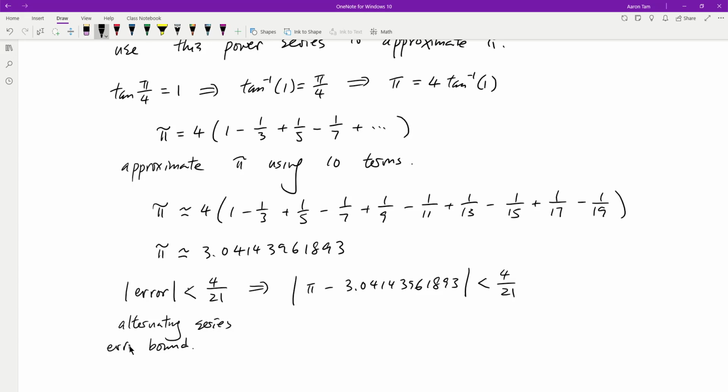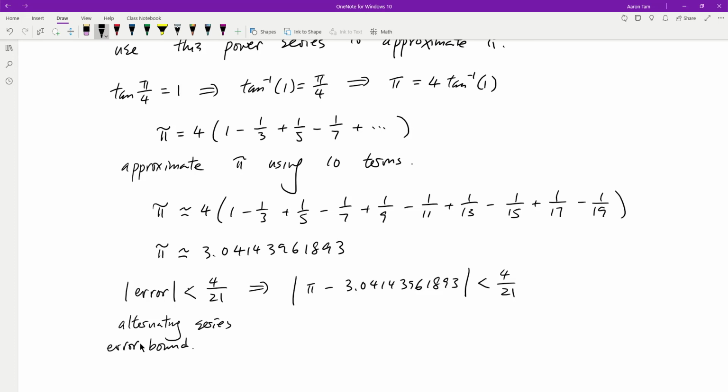The alternating series error bound says that whatever error you get, the error cannot be bigger than the next term in the series that you choose not to use. So in this case, the next term in the series that I choose not to use is the 1 over 21 term, but I have to multiply that by 4, so it will be 4 over 21.